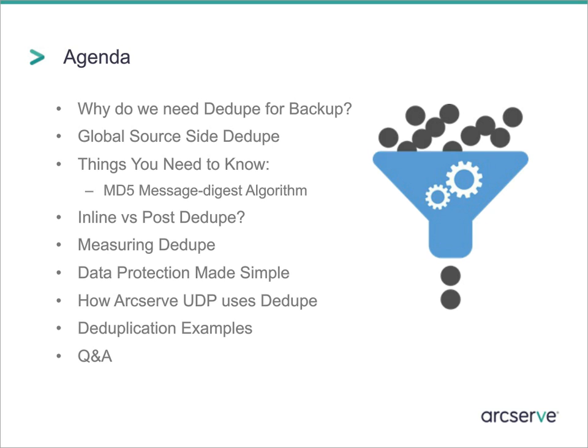We get 30-to-1 data reduction. And really the truth of it all is that there are different ways and terminologies that you can measure the compression rates around dedupe. But I think the most important thing is understanding how much data you've protected at the front end versus how much is stored and retained on disk after it's gone through the process. And really that's how we measure dedupe.